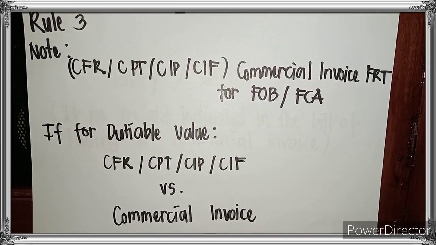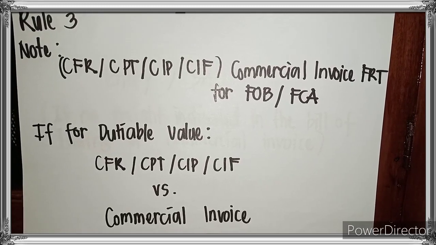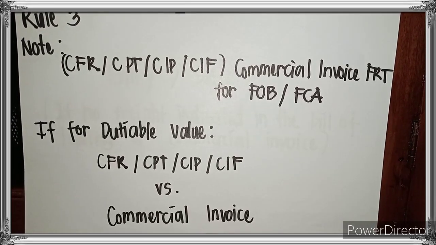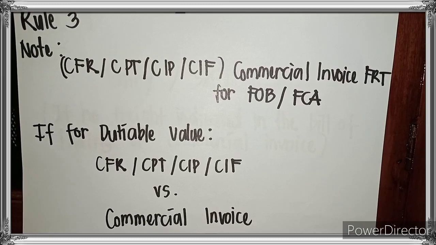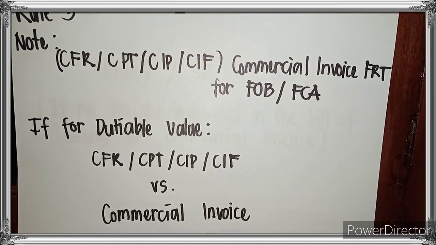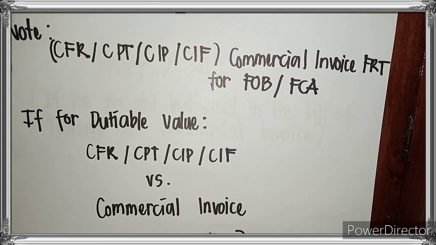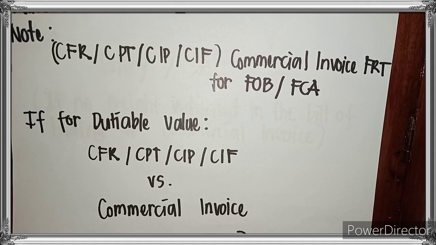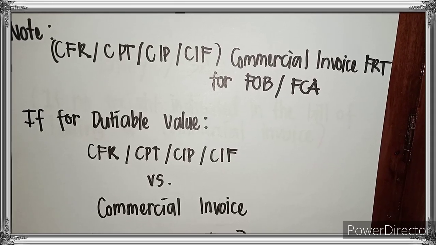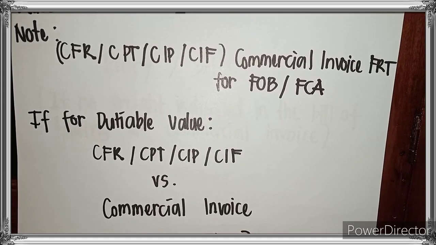We are now down to rule number 3 of freight. If the terms of sale are CFR, CPT, CIP, or CIF, always deduct the freight charges indicated in the commercial invoice to compute the FOB or FCA value. However, in computing the dutiable value, use the whichever is higher rule.